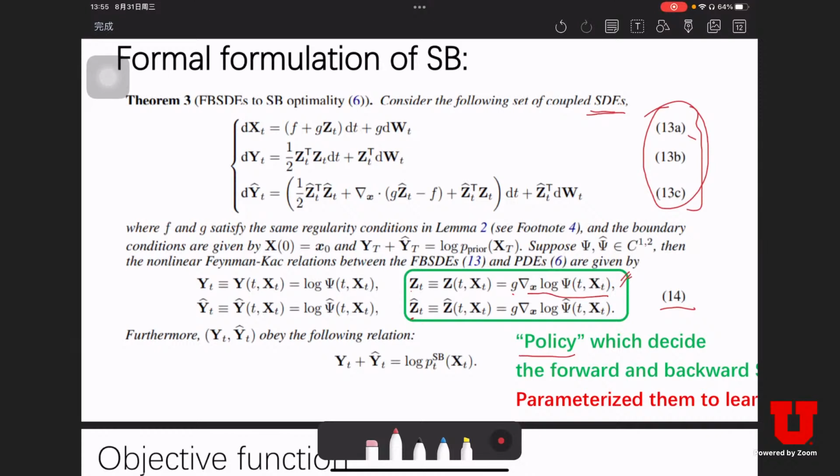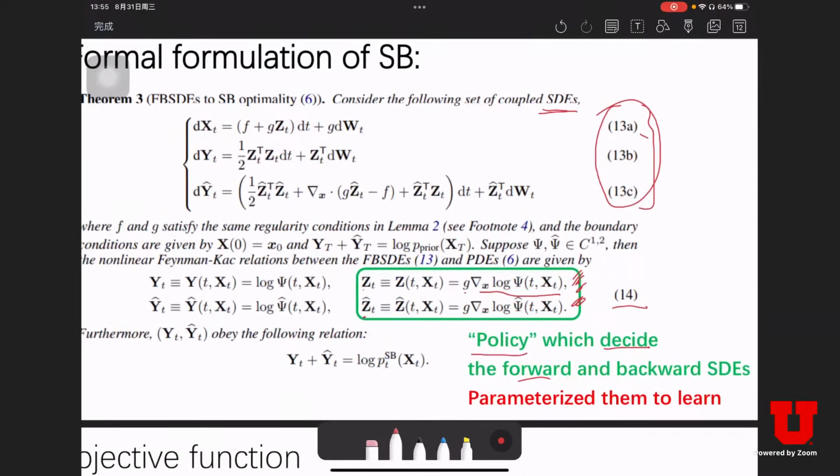Recall, if we can learn or approximate the policy here, we can get the forward and backward SDE. Of course, we want to use a parameterized model to learn Z_t and Z_t hat, and then we're done.